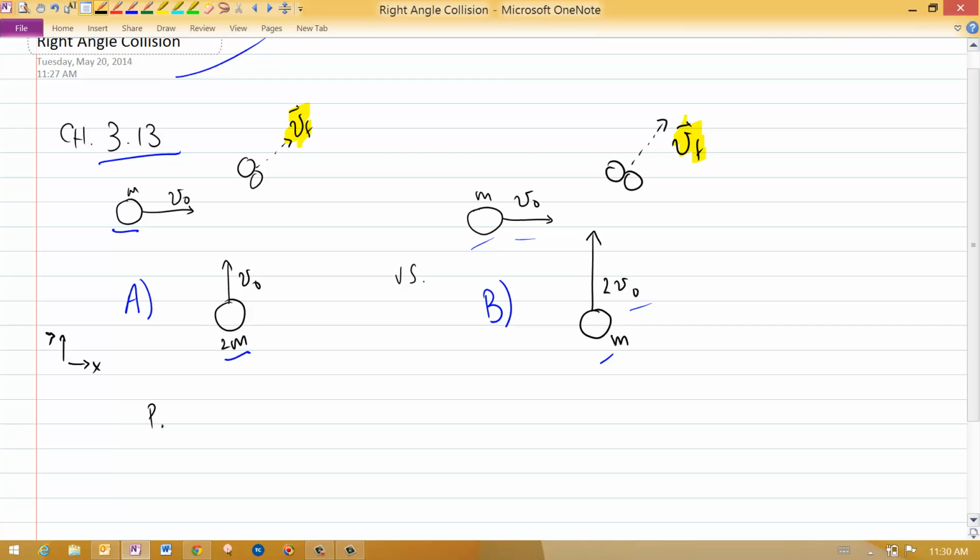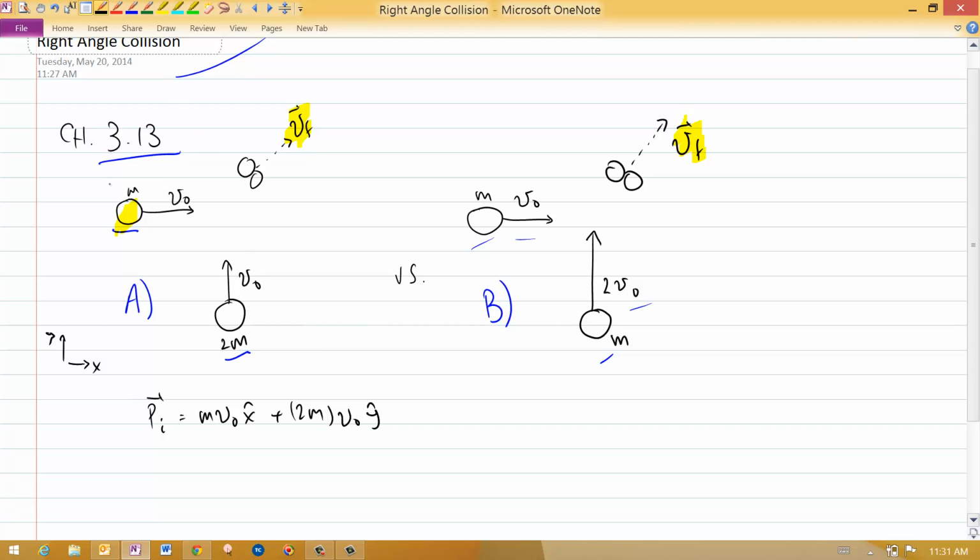The initial momentum of the system for case A is m times v0 in the x direction. That's the momentum of this first car, to which I can add the momentum of the truck. It has a mass of 2m, and it has 2m times v0 going in the y direction.